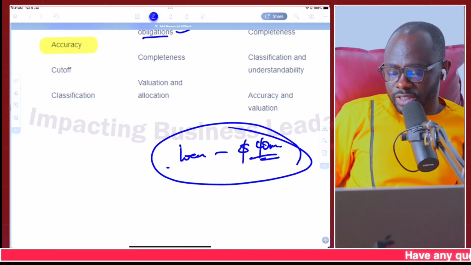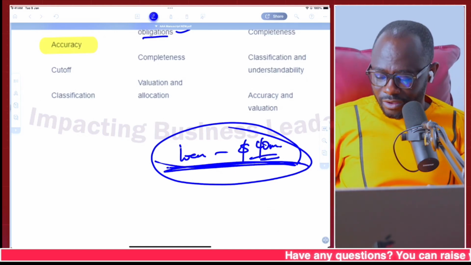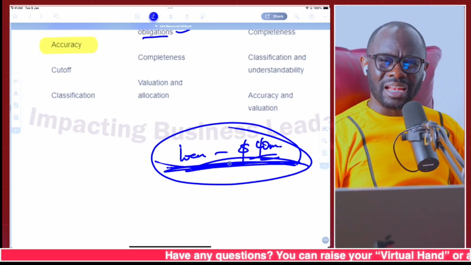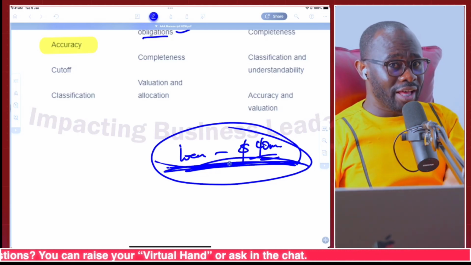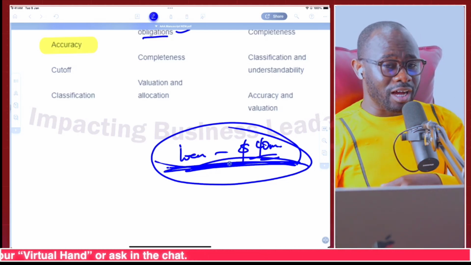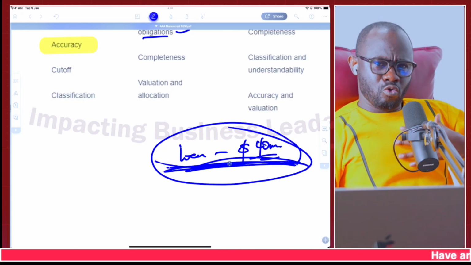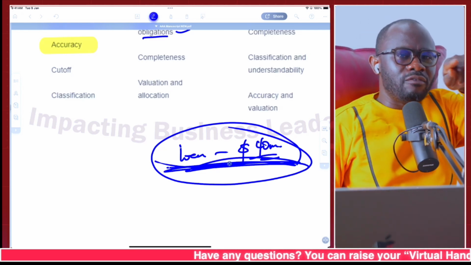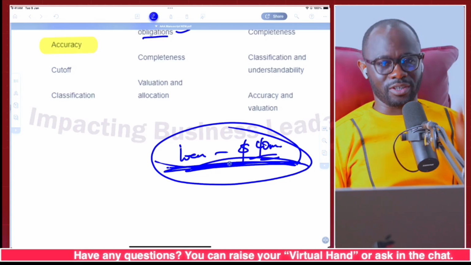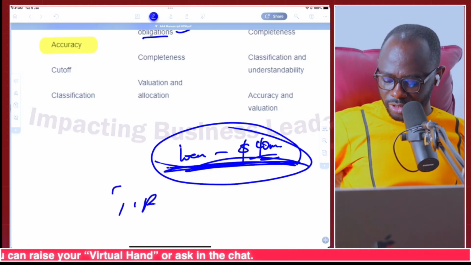So yeah, we have seen in the board that we are going for a loan. But was the loan given really to the company, or did the loan end up in the private account of the board chairman? Who really owes the debt that is on the face of the statement of financial position? So you are auditing trade payables.